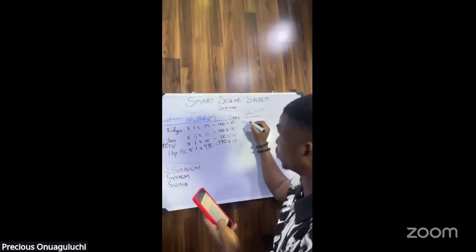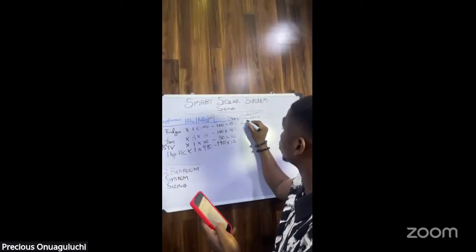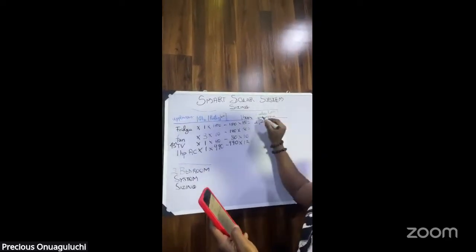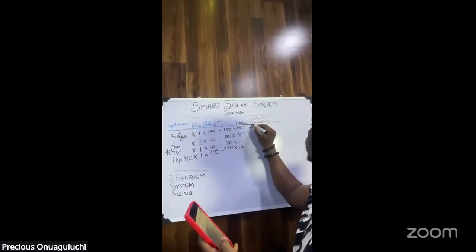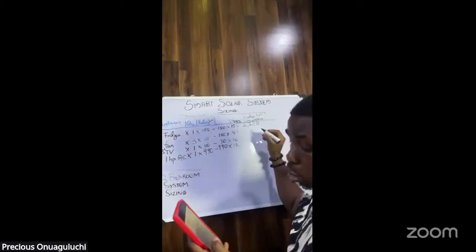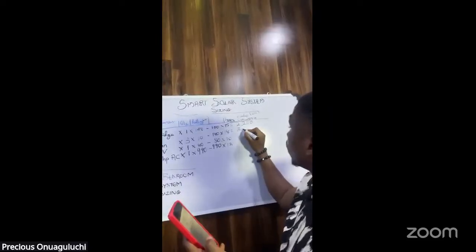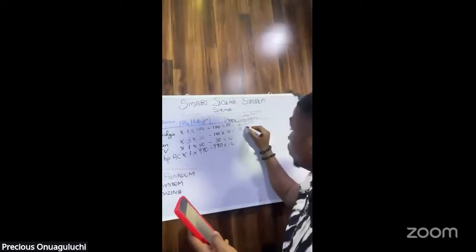So I'm writing this out so that it's clear for everybody to see. Right now, what I'm writing out is your daily consumption. This is the amount of power that you consume every day. This information is key in calculating our complete system size.